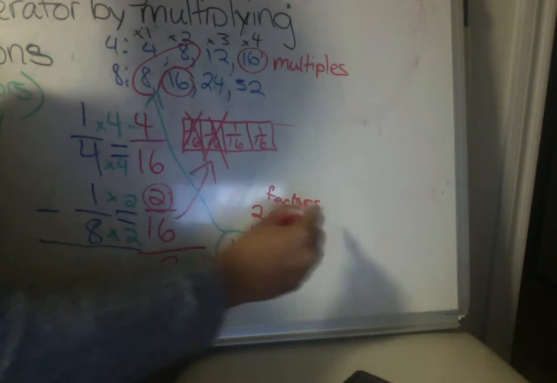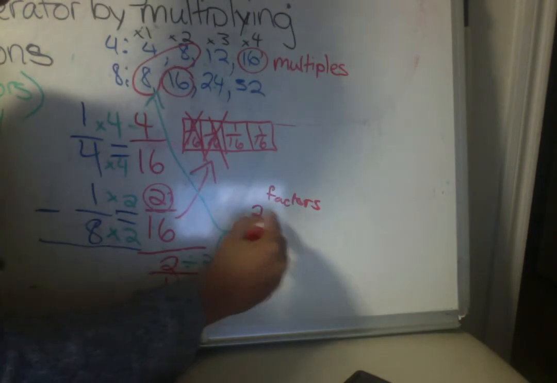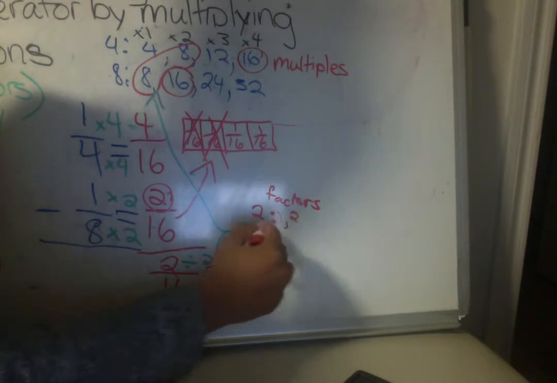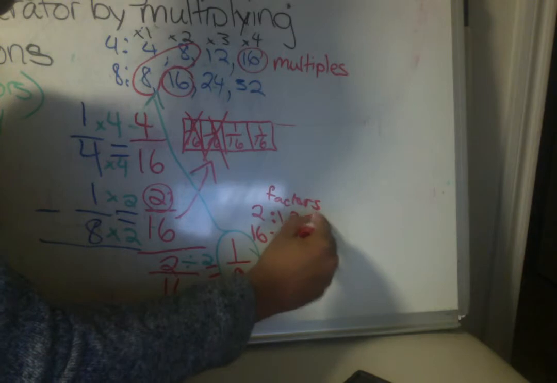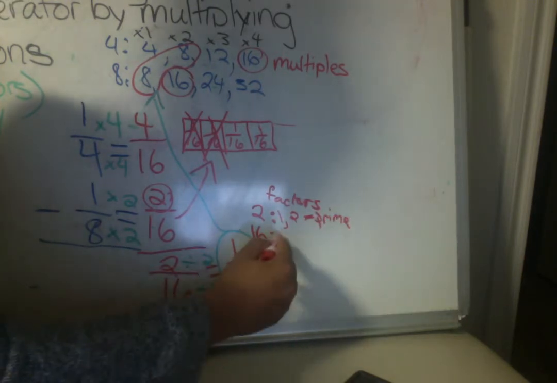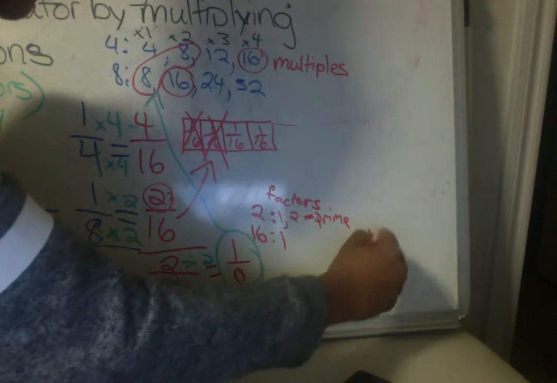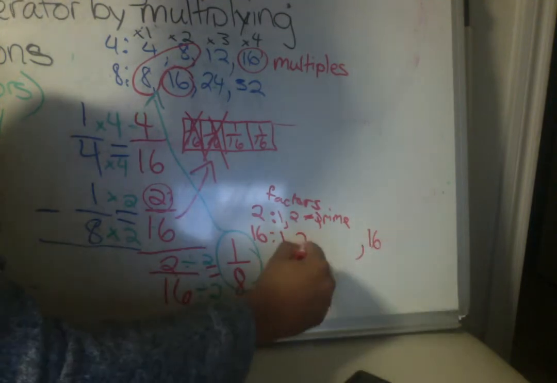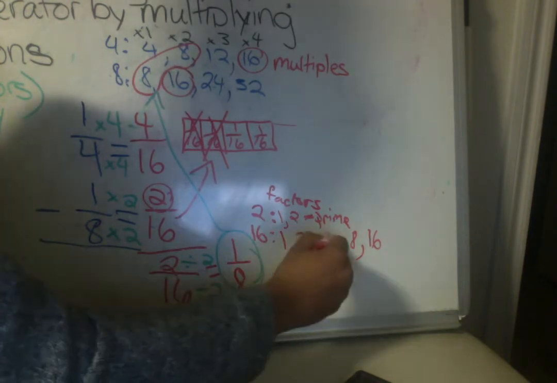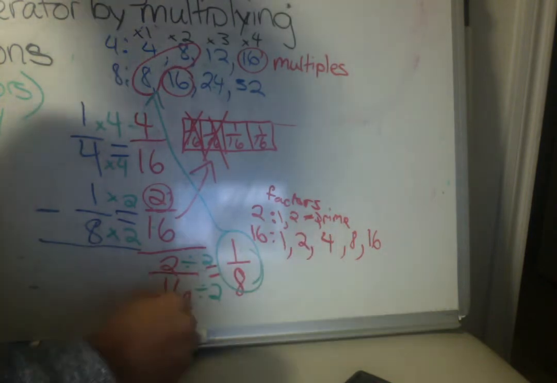So there's a difference. Here I'm saying what gives me 2, right? So 1 times 2. This is where the prime and composite comes in handy. This is a composite number, so 1 and then 16's at the end. 2 times 8, 3, nothing, 4 times 4.